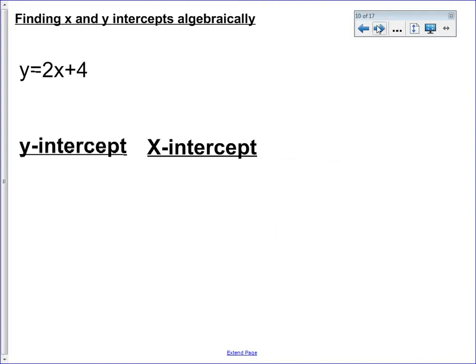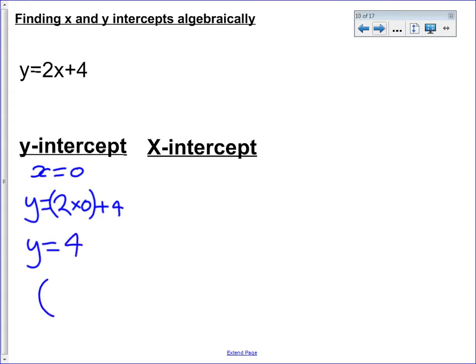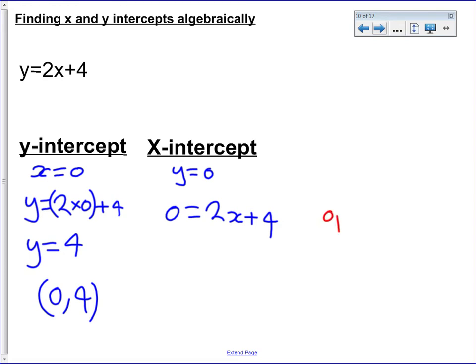Okay, the last and final example. We know that x is equal to 0, so we have y equals 2 multiplied by 0 plus 4. 2 times 0 is 0, so we get 4, so we get a coordinate of 0, 4. For the x-intercept, we get y is equal to 0. So now we have 0 is equal to 2x plus 4. We need to consider our first opposite.